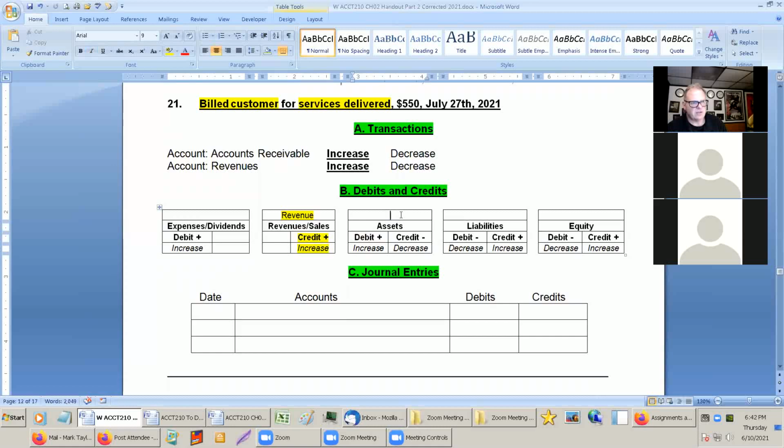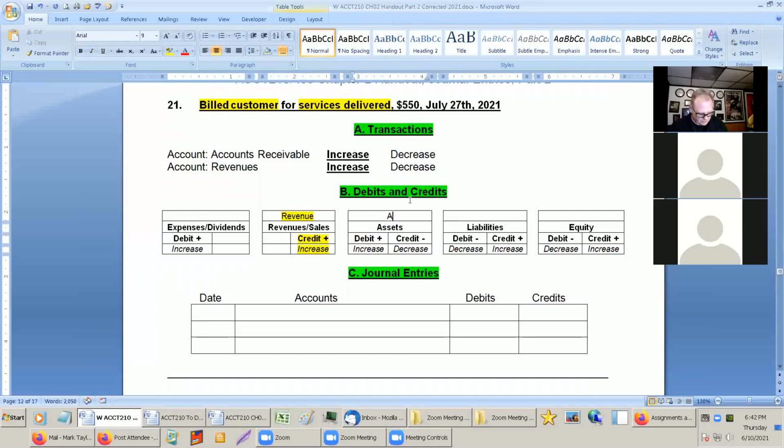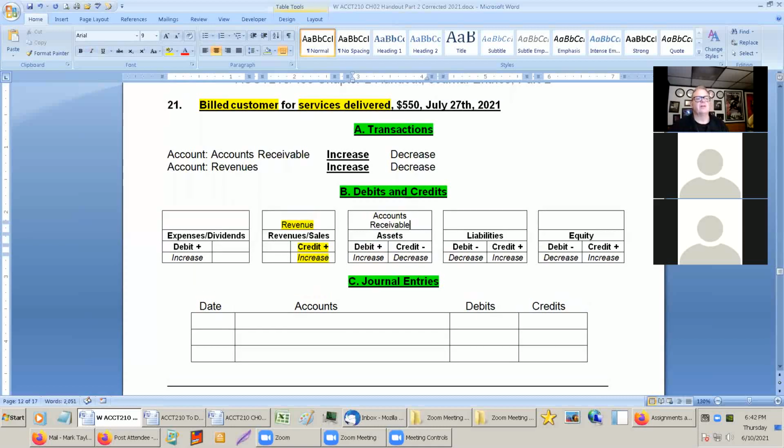And accounts receivable is an asset, and that asset is going up.